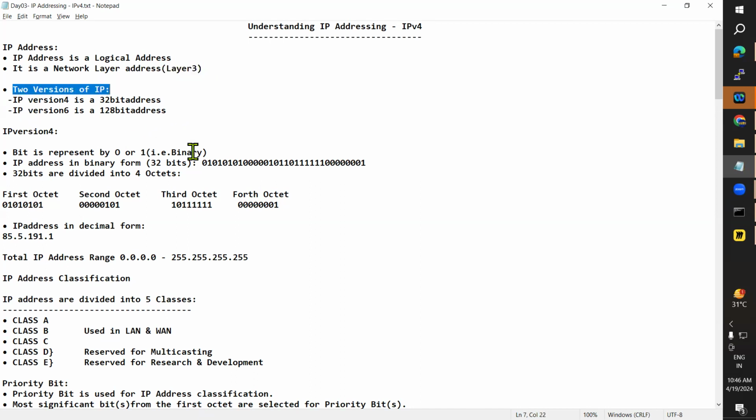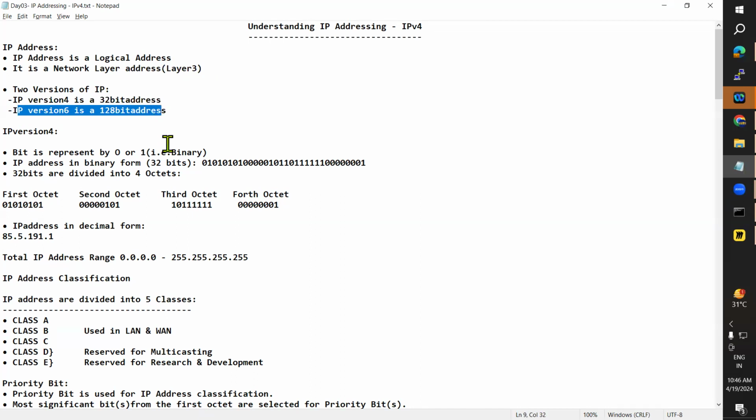Two versions of IP address. There are two versions of IP address available in the market. That is IP version 4, IPv4, and IPv6. So what is IPv4? This is a 32-bit address, and IPv6 is a 128-bit address.